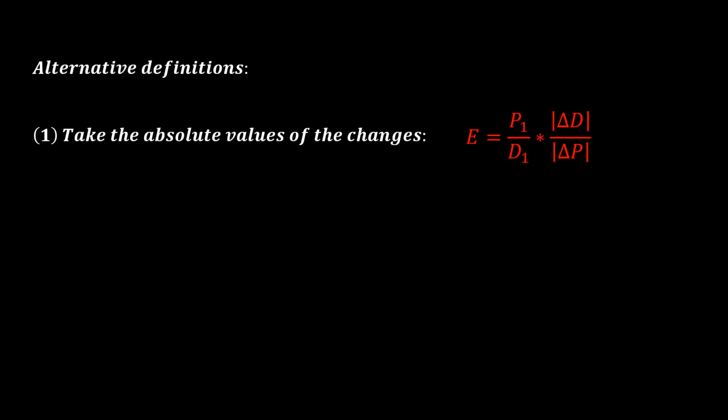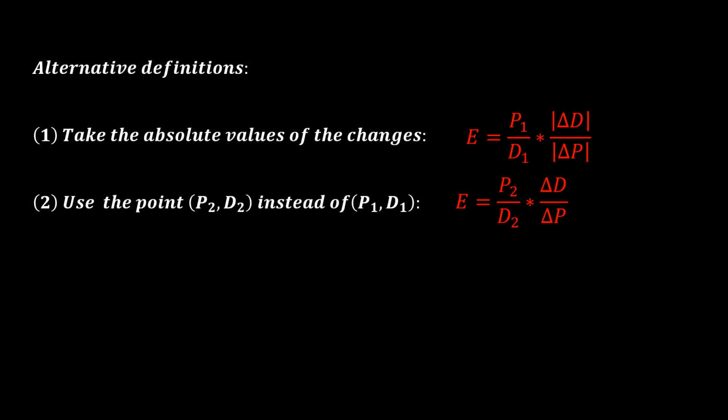Now, in textbooks on economics, you occasionally find other definitions of elasticity. Some people use the absolute value of the changes. This implies that the elasticity is by definition always positive. Some people use the second point as a reference point rather than the first point. That is, they put P2D2 in the formula rather than P1D1.